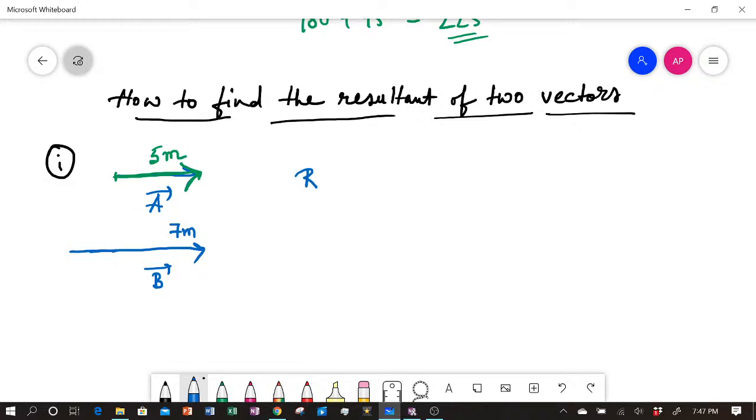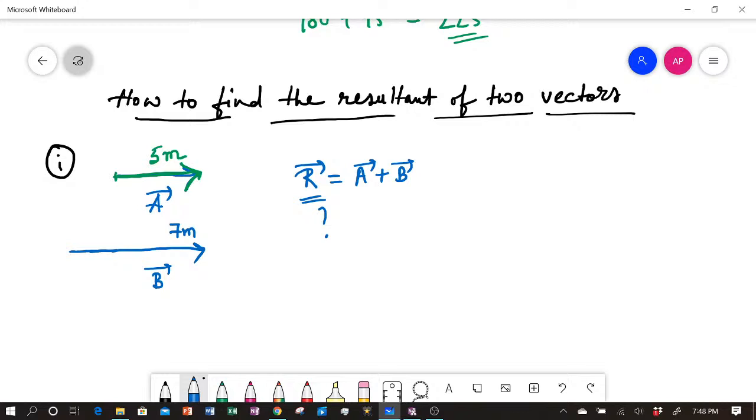Suppose the resultant vector is R vector equal to A vector plus B vector, then how much would be this R vector? Please tell me.